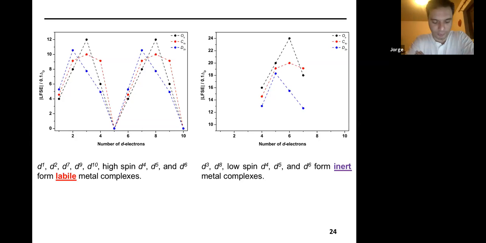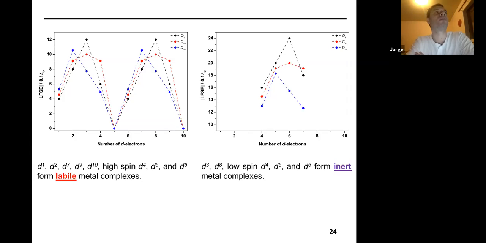So if you recall, some months ago when we synthesized some cobalt complexes, we always started from cobalt 2 plus and not cobalt 3 plus. So why that?